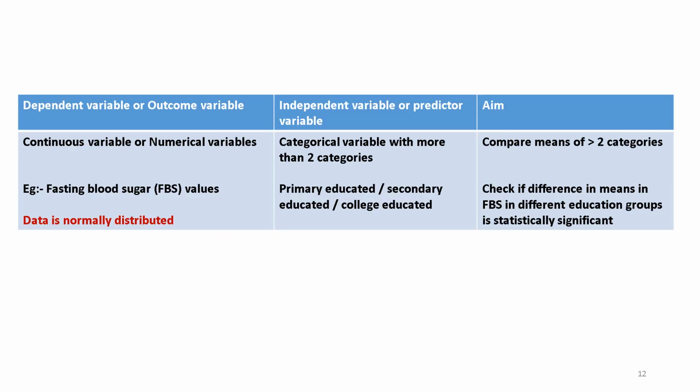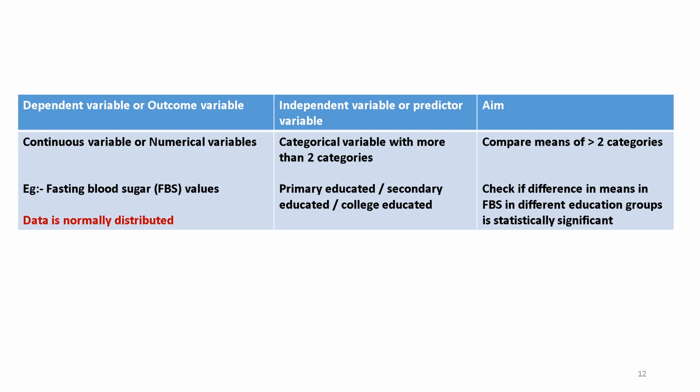Next scenario, dependent variable is a continuous variable or numerical variable like fasting blood sugar values, and the data is normally distributed. And the independent variable or predictor variable is a categorical variable with more than two categories, like primary educated, secondary educated, college educated, like that. Our aim is to compare means of the dependent variable in more than two categories.